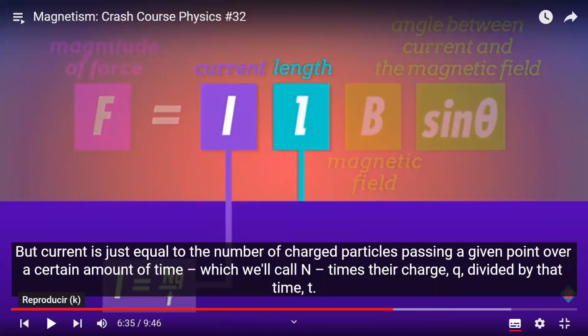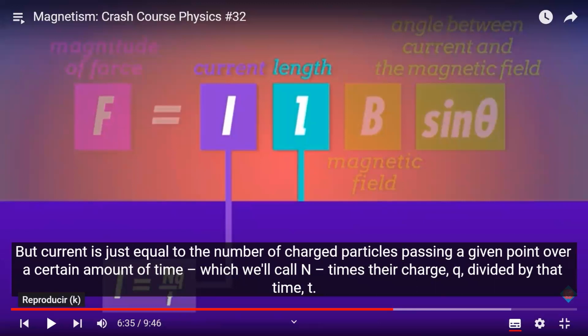But current by itself, remember, current is the movement of charged particles. So current is the rate of movement of a charge. It's charge divided by time. So basically a current is coulombs per second. It's how fast a charge is moving.